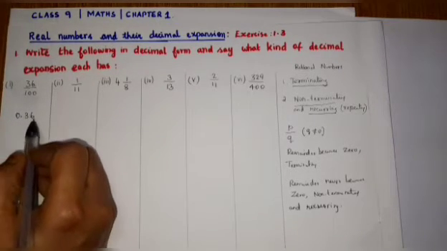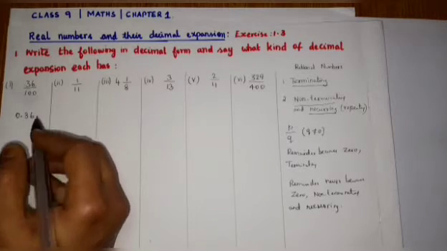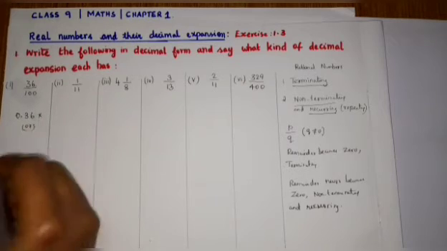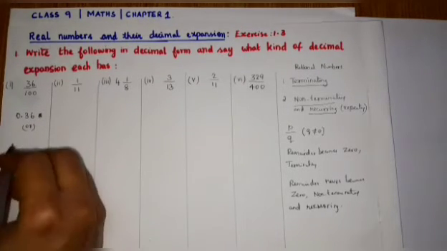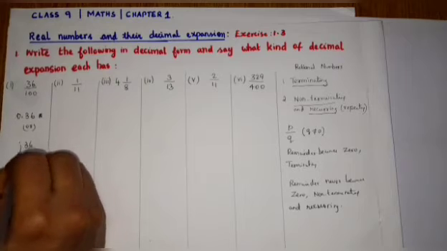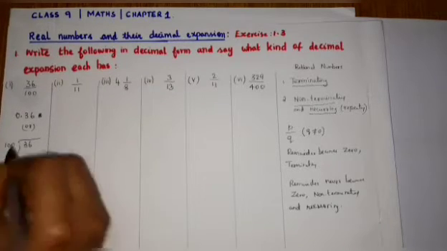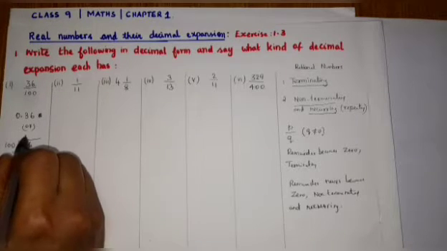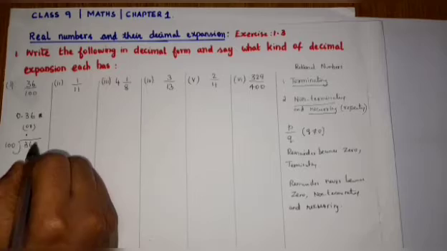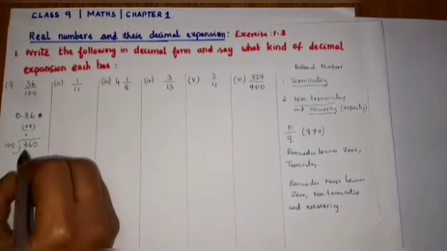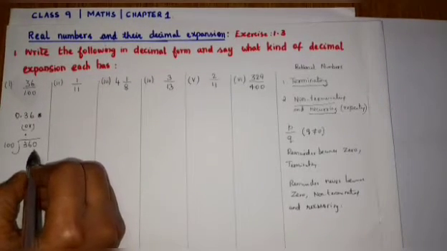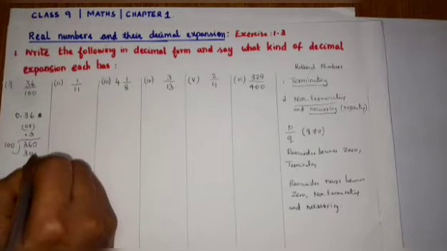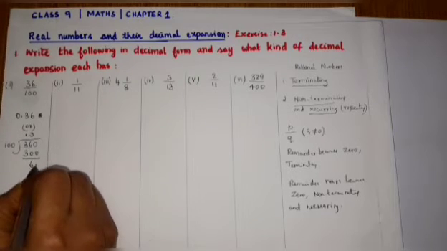Here the remainder becomes 0. Or if you can't write like this, you can divide 36 by 100. Since 36 is less than 100, you keep a point here and you add a 0 to the right side of the number. Therefore 3 hundreds are 300 and the remainder is 6.